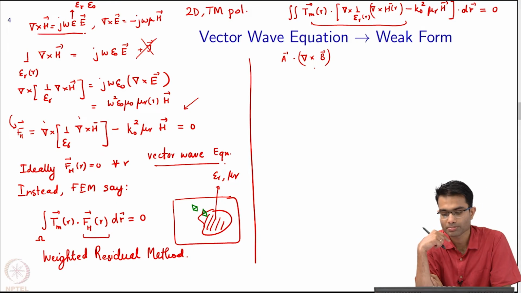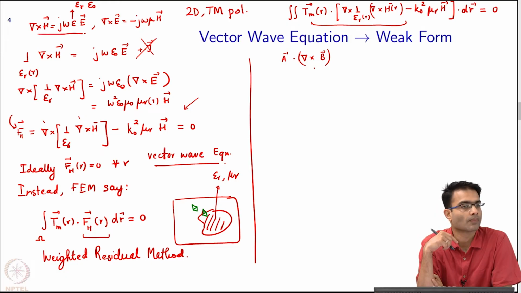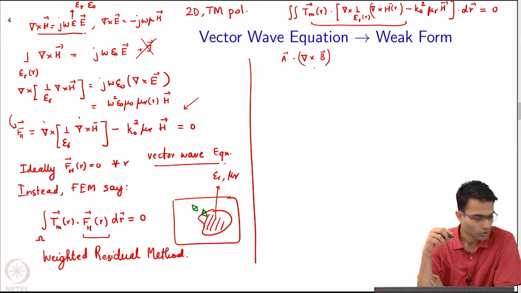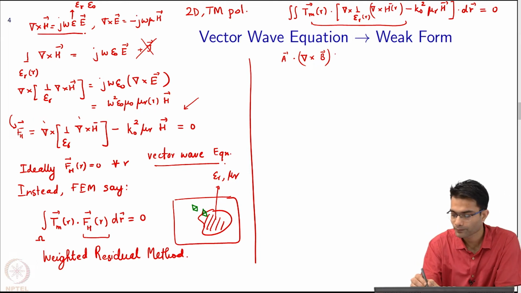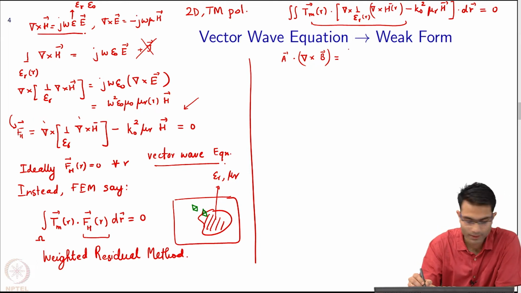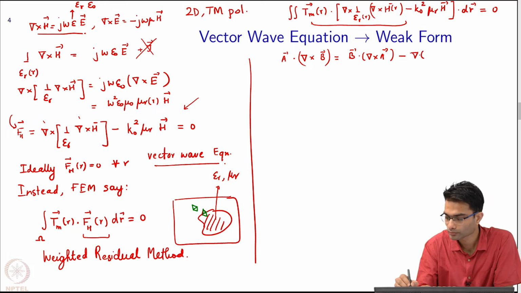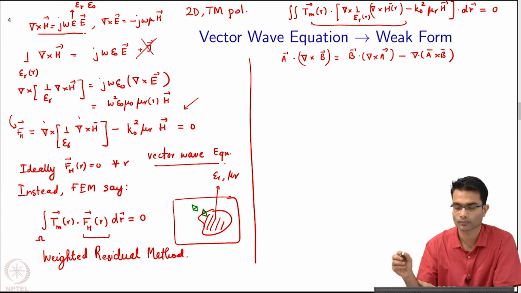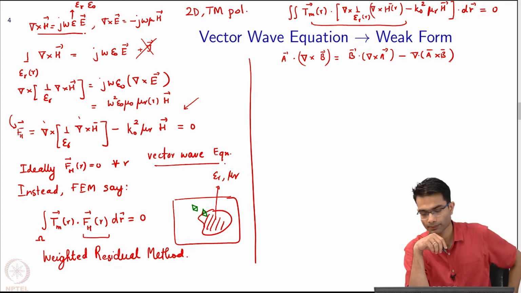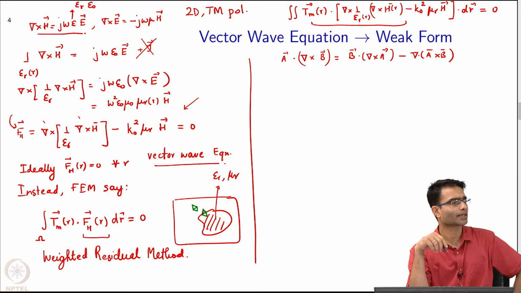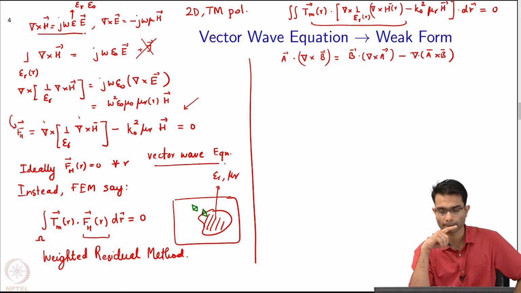A is Tm, B is 1 by epsilon curl of H. Okay. So, there is a simple way to rewrite this. Okay. These are standard identities in vector calculus.